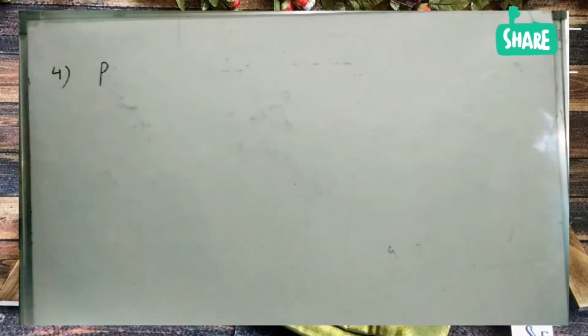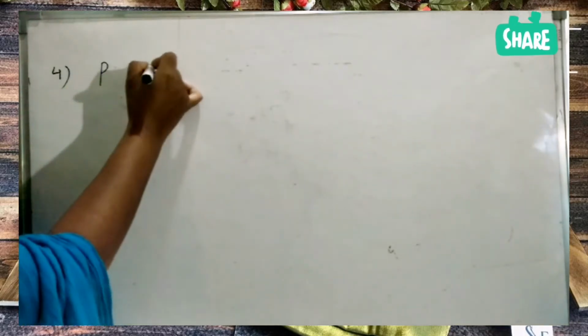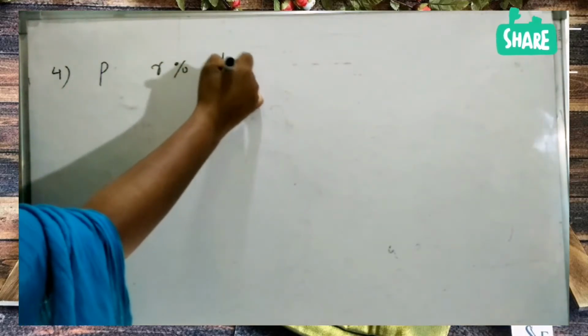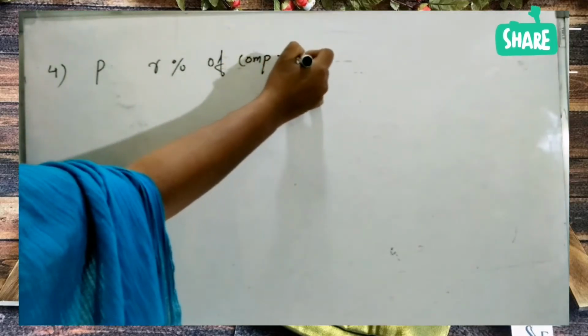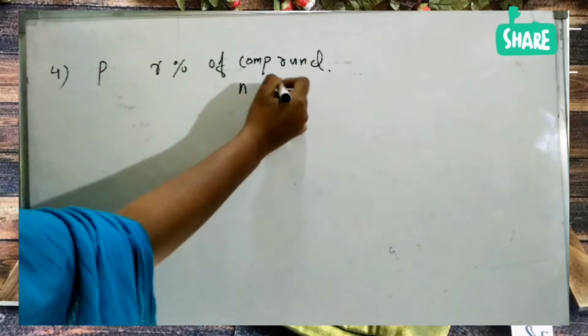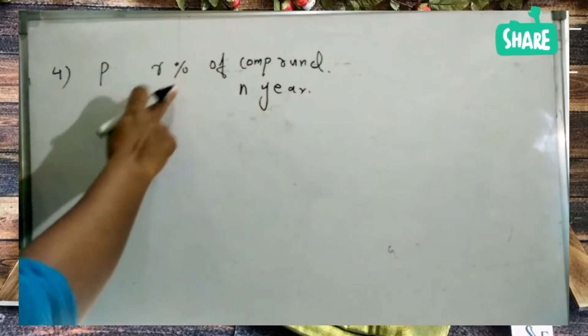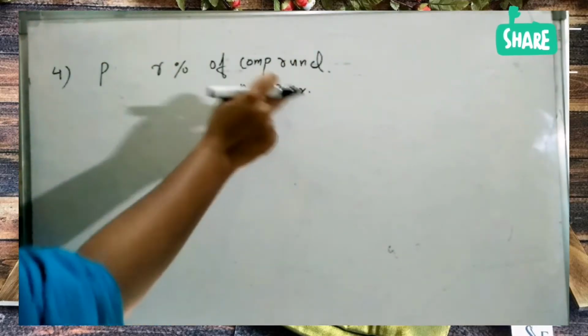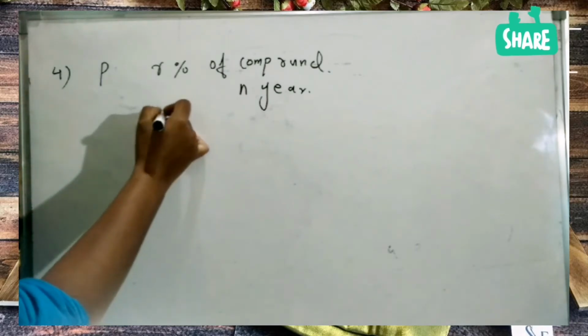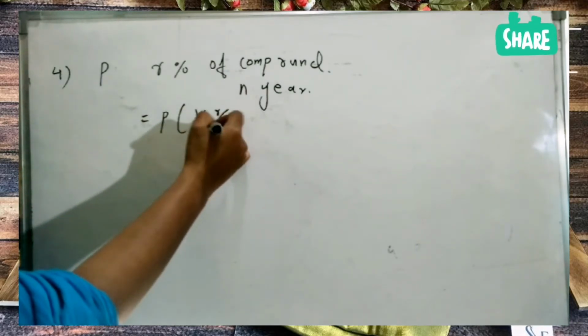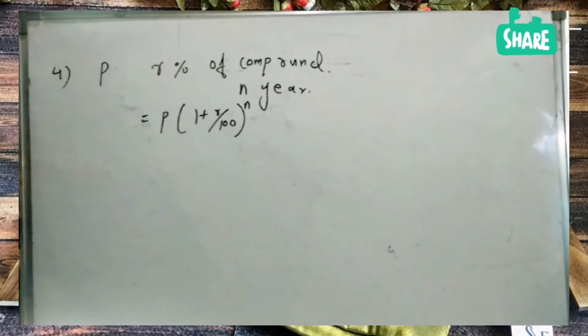If the principal amount is P and the rate of compound interest is R percent, then the amount after n years is equal to P into 1 plus R by 100, all raised to n.